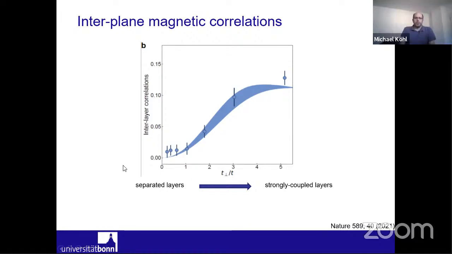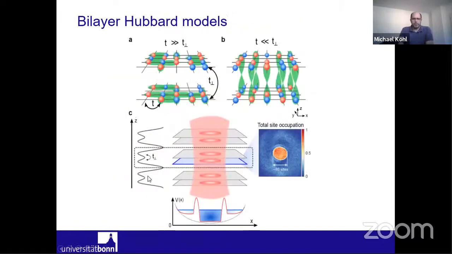What we do in practice is we prepare the system with many bilayers, and then when the preparation has come to an end, we freeze the distribution by quickly ramping up the lattices. Then we apply a very strong vertical magnetic field gradient and do basically tomography to slice out one layer of the optical lattice.